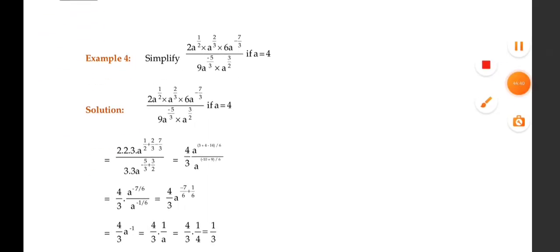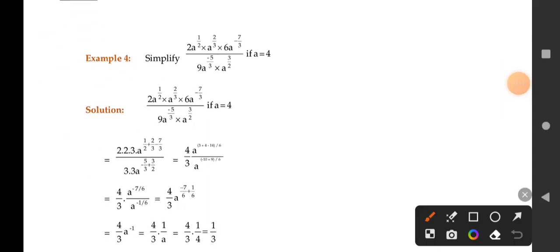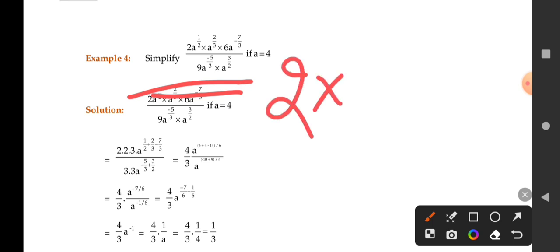Example 4. Let us simplify this, and the value of a is already given. 2 into a is 4, right? So square root of 4 is 2 again.